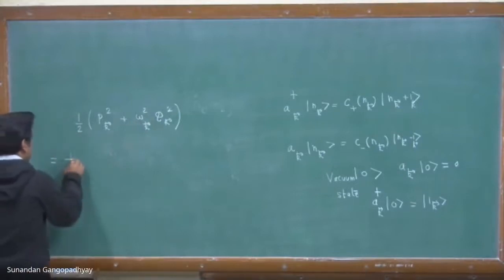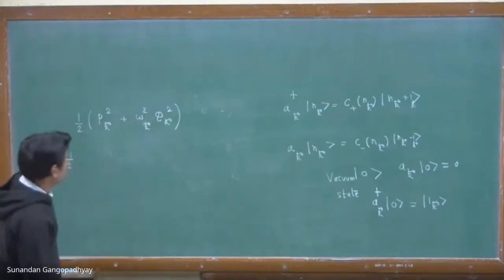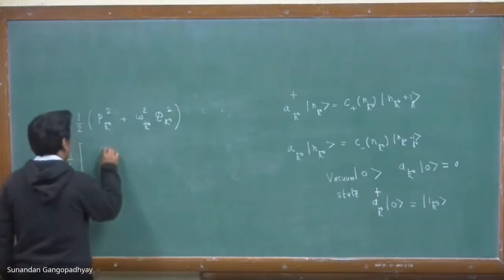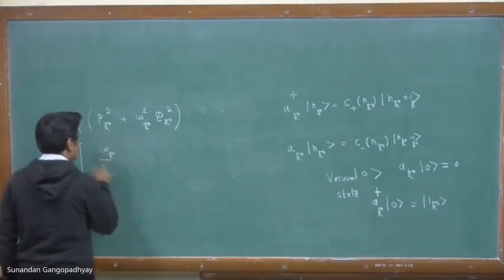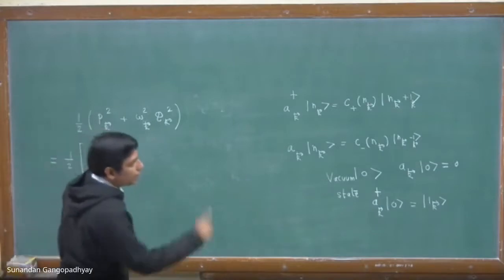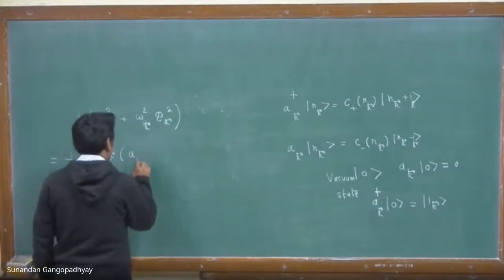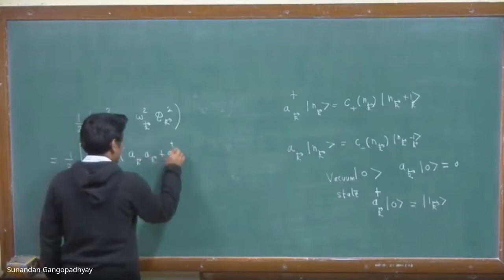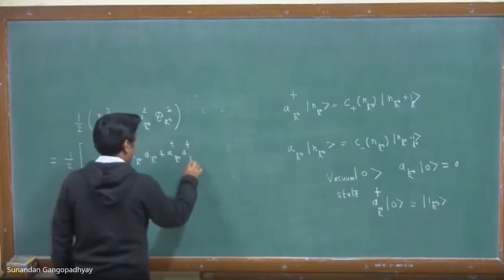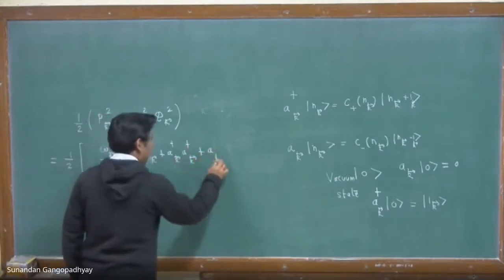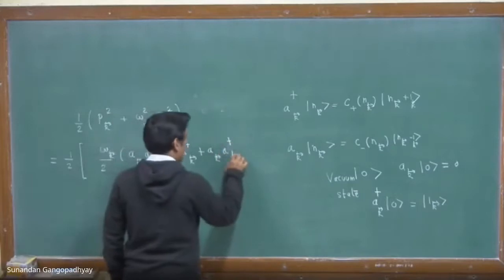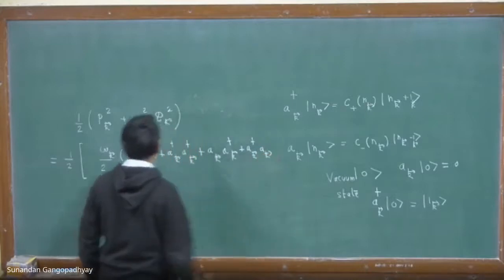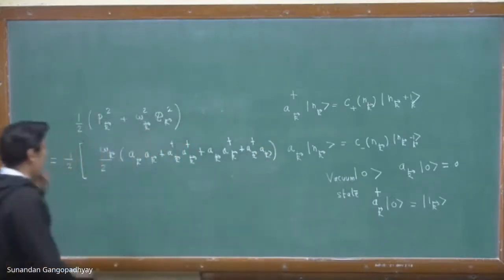So you can immediately see that what you will get is the following. From pk square, we will get omega k by 2, and then there will be 4 terms, which are ak, ak, so this is one term that you will get from pk square.